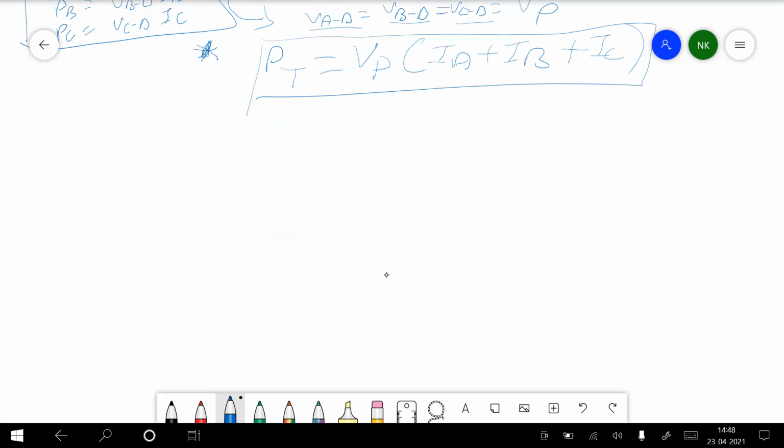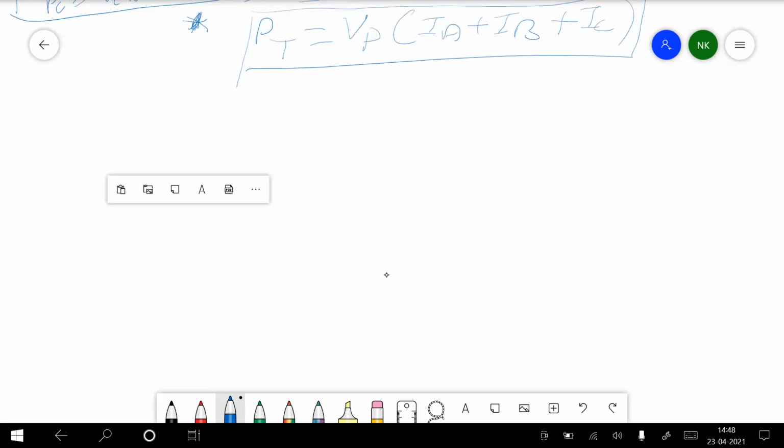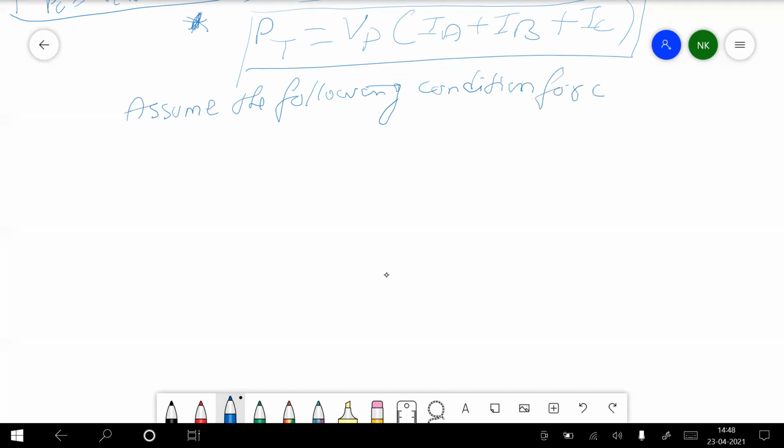So if you have any question, the question would be: assume the following condition for a Y network, or Y circuit, and find the total power.